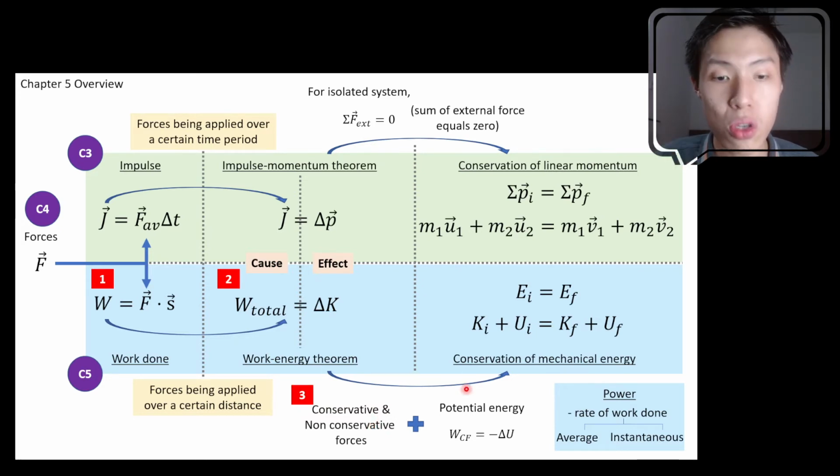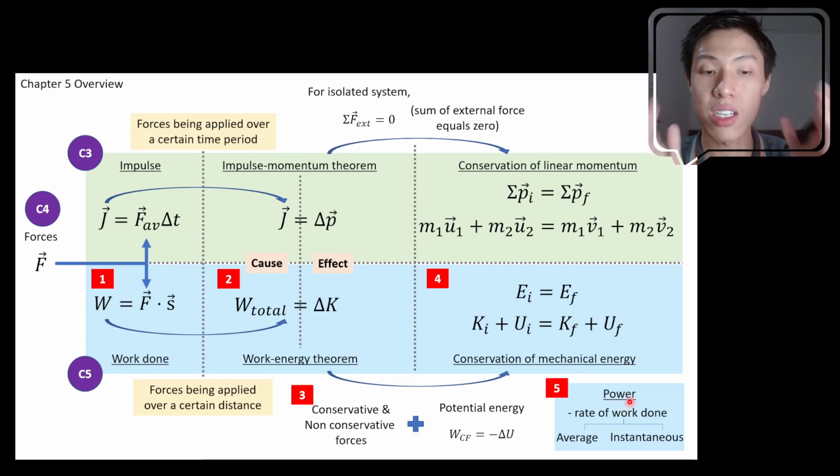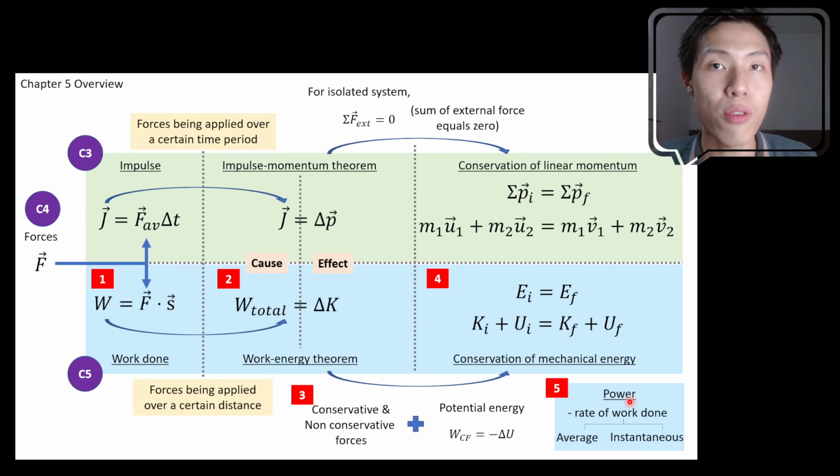We also use the concept of potential energy and kinetic energy to derive the conservation of mechanical energy. From there, we will apply the conservation of mechanical energy in various situations in which the mechanical energy is conserved. Lastly, we'll move on to talk about power, and we'll try to analyze a situation to study its average power and its instantaneous power. So that is a rough overview for chapter 5.